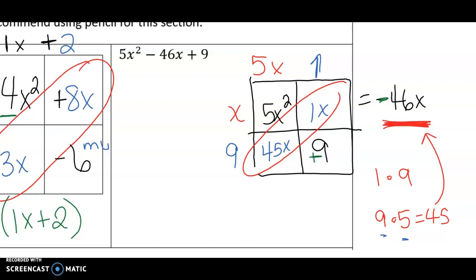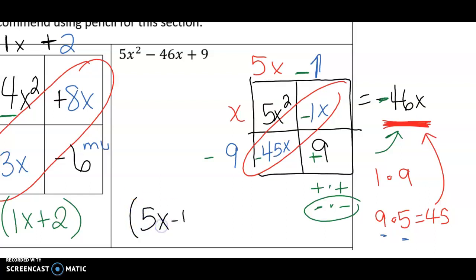The only way I can get a positive is a positive times a positive, or a negative times a negative. But I need a negative here, so both of these must be negative, making it negative 45x plus negative 1x gives me negative 46x. So my factors here are 5x minus 1 and x minus 9.